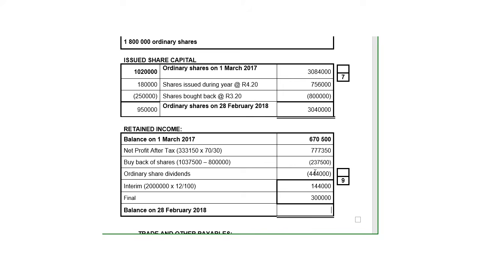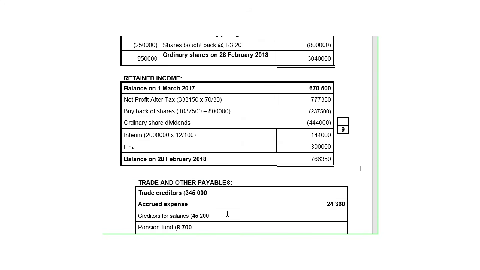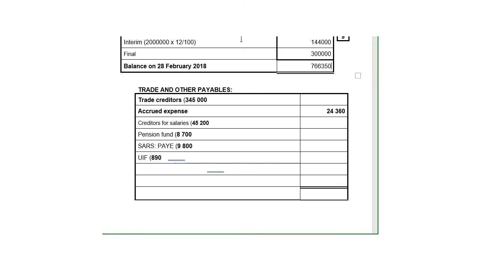Those were the details for that total up there. So it's these four amounts. The total of them is what my retained income at the end of the year should be, and that is 766,500. Good. So next we're going to look at the trade and other payables.